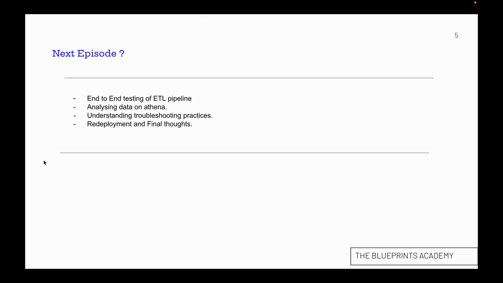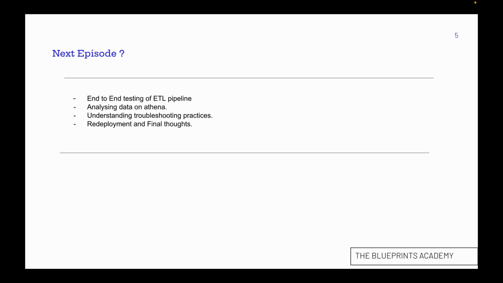This was all for today's video, and in the next episode, what can you expect? So, as I said, we would be doing full end-to-end testing of whatever we deployed in the next video. So in the next video, we would be doing end-to-end testing of our ETL pipeline on AWS, which we just deployed. We would be analyzing the data on Athena. We will also understand how you can troubleshoot when there is failure in the job, or when there is a failure on any stage in the job, and where you can see the logs and how you can fix them.